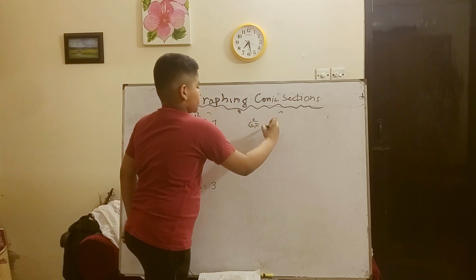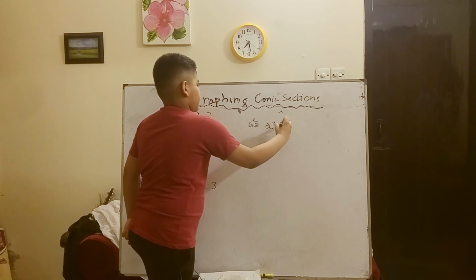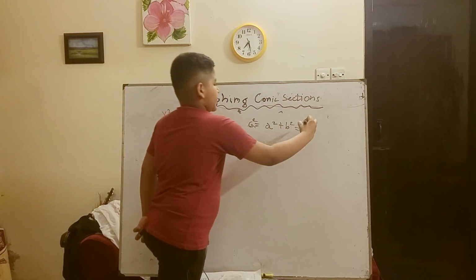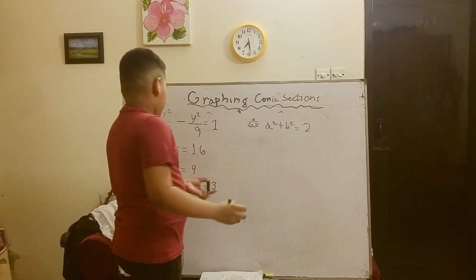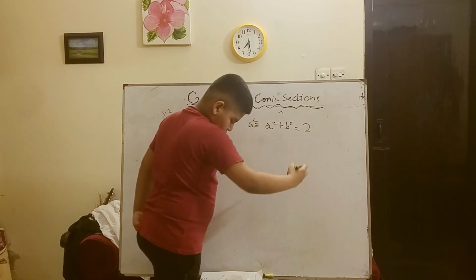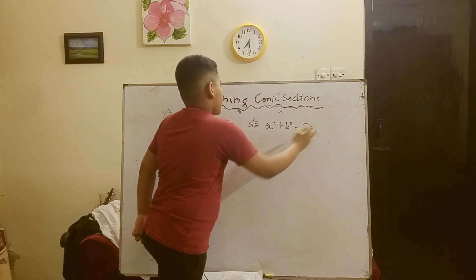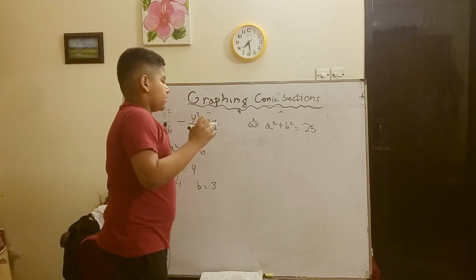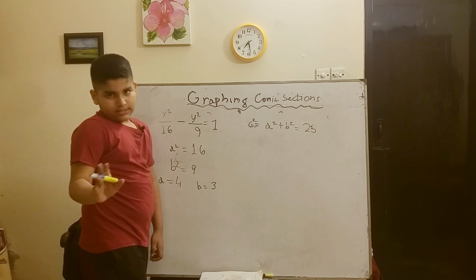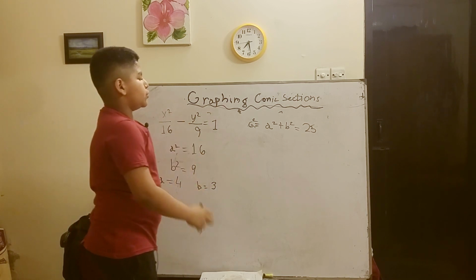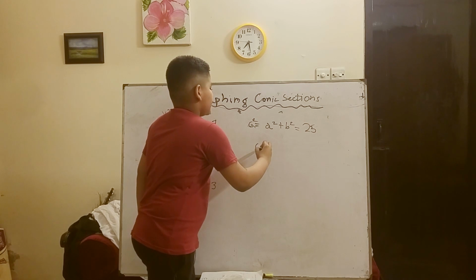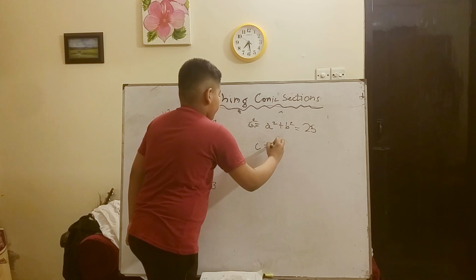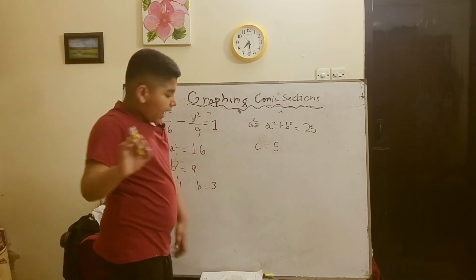But here comes the equation. In this equation, when we plug in the values of the squares and the actual numbers, we get 25. And this is c squared. To get the actual c, what you have to do is just take the square root of 25 to get 5.